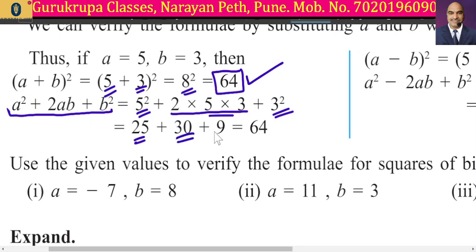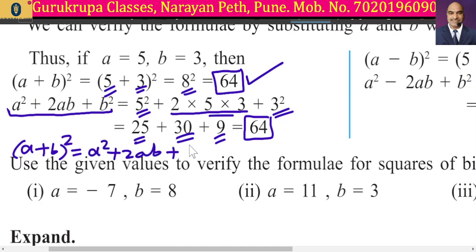30, 30. 3 square is 9. So if you sum them, we get 64. So therefore, here we have proved the formula that a plus b whole square is equal to a square plus 2ab plus b square.